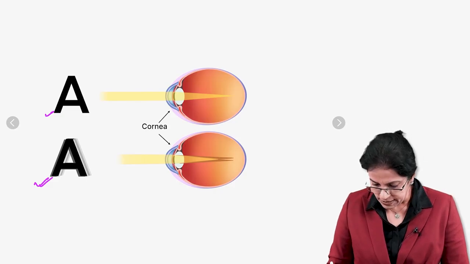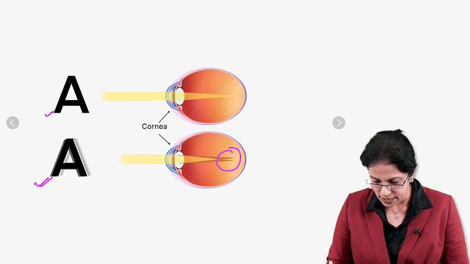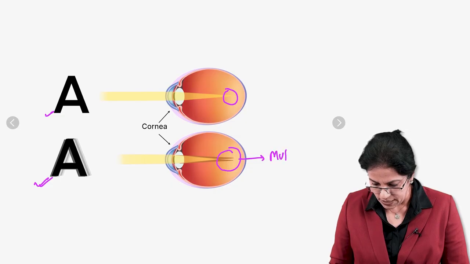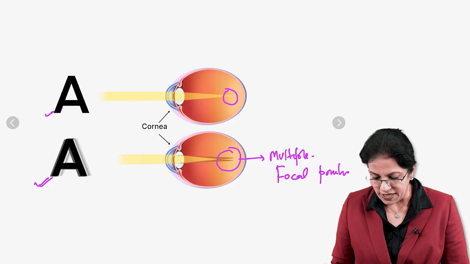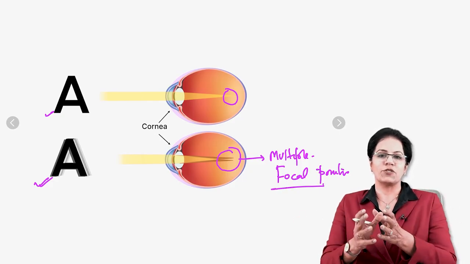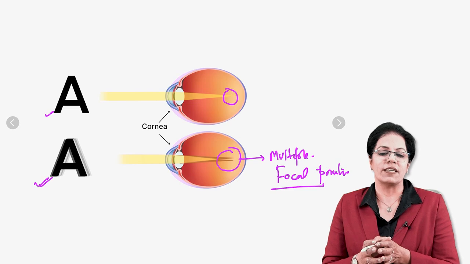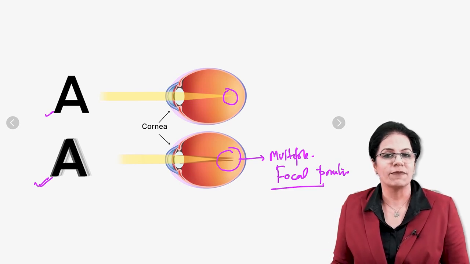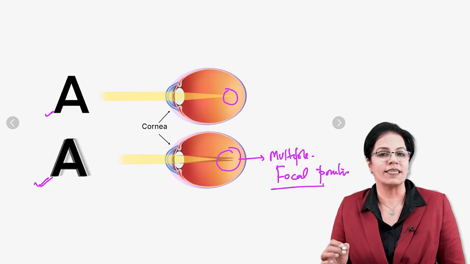Because of multiple focal points. Here there is a single focal point, but there are multiple focal points. This is natural. Think yourself. You don't have to mug it up. When the curvatures are different, refractive power is different, so focusing has to be different at different levels. That is why you get multiple focusing points. So this is what astigmatism is.